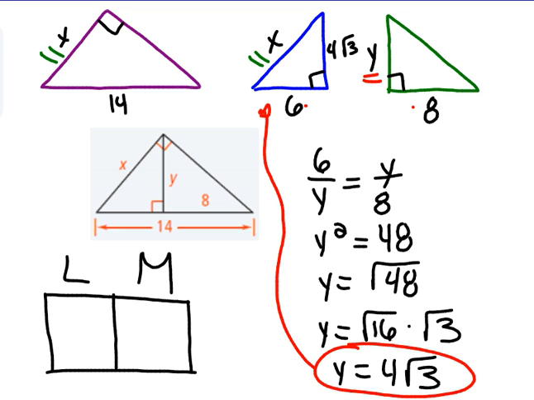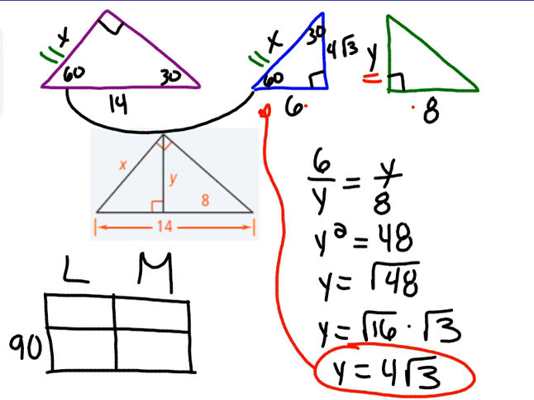So it looks like I'll make this 60, I'll make this 30. And these two share an angle. So this is 60, that makes this 30. So our variable x is opposite the 90-degree angle in the middle-sized triangle, and it's opposite the 30-degree angle in my large triangle.